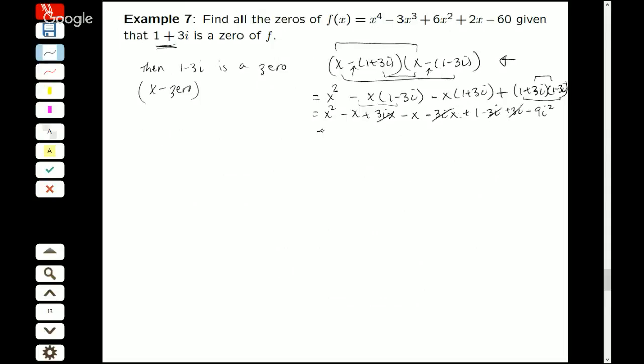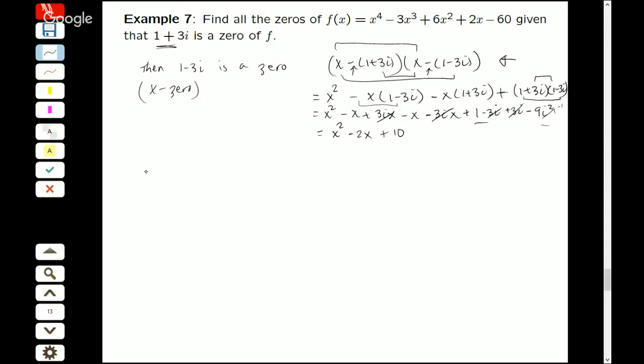That's good. So this becomes x squared minus x, minus x and minus x is what? Minus 2x. And then 1, and I squared is minus 1, so it's a plus 9. 10. Yeah, 1 and 9. Yeah, you added twice. Yep.